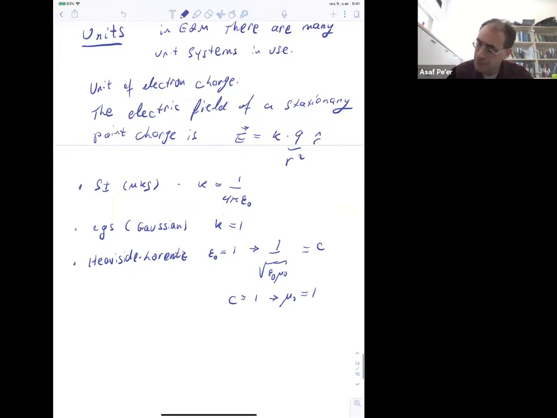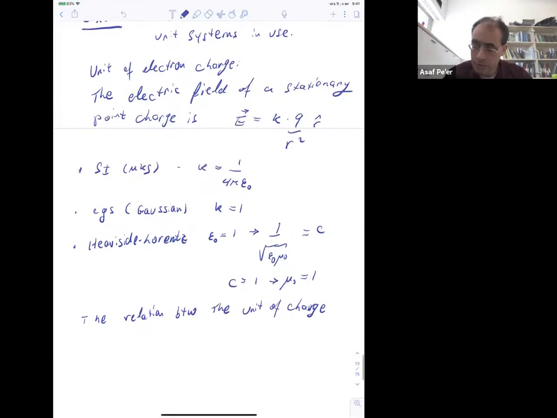So let's write down the relations between the unit of charge in the different systems. This follows from the measurement of the Coulomb force.